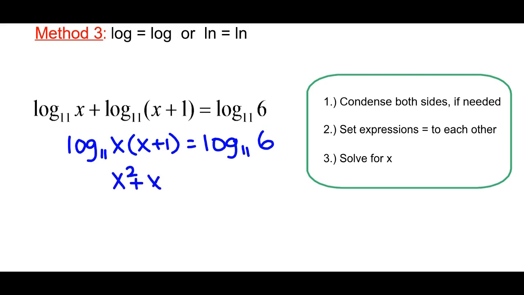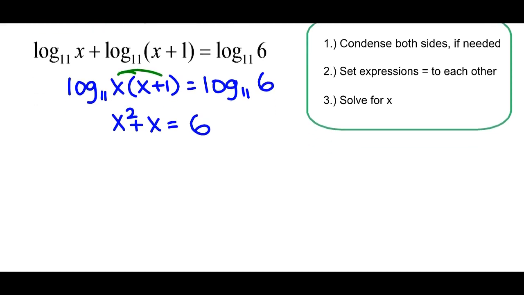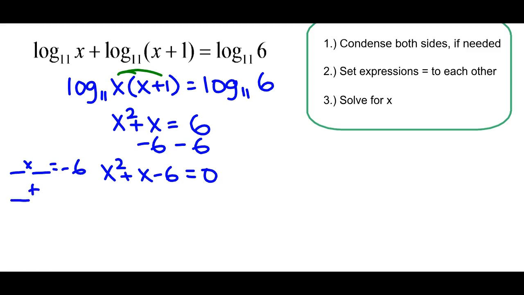So x squared plus x, I just distributed this, equals 6. This is a quadratic equation. I'm supposed to solve for x. So the first thing I'm going to do is set it equal to 0, and hopefully I can factor this. Let's see what multiplies to get negative 6 and what adds to get 1. That would be 3 and negative 2.